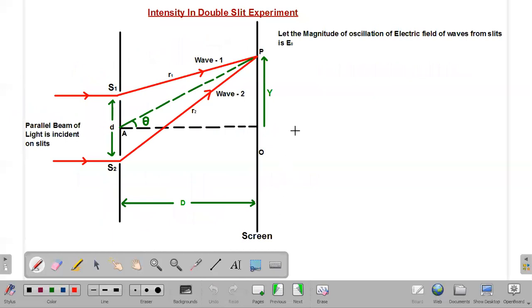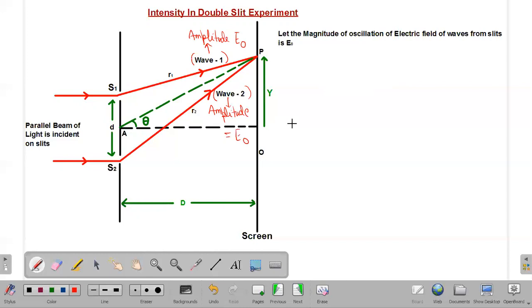Now our aim is to find out the intensity at point P. Let us assume that wave 1, which comes from slit 1, has an amplitude of E naught at point P. And we also assume that the wave which comes from slit 2 has the same amplitude, which means the amplitude of electric field oscillation in wave 2 is E naught.